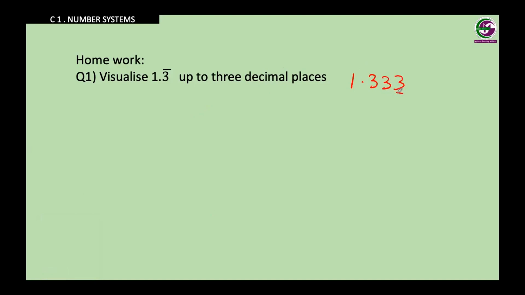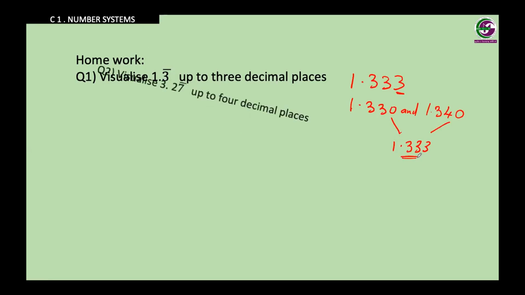And we can replace the last digit by a 0. So it will be 1.330 and 1.340. So in between 30 and 40, you can find the number 1.333. Clear, right? Good.